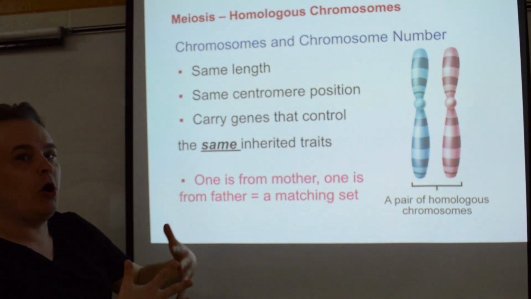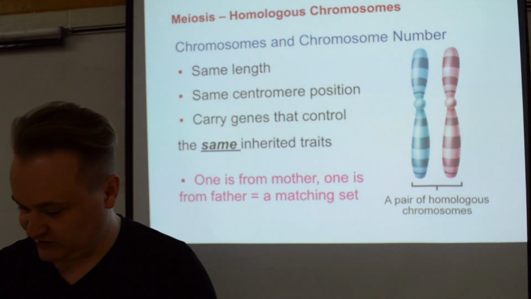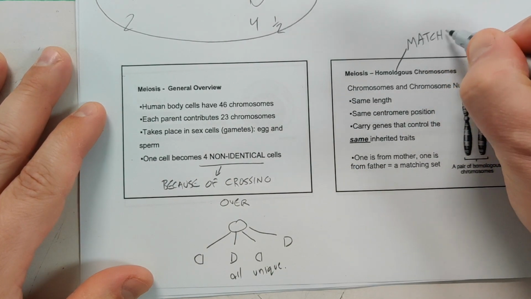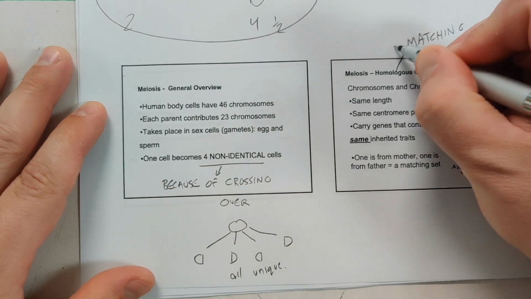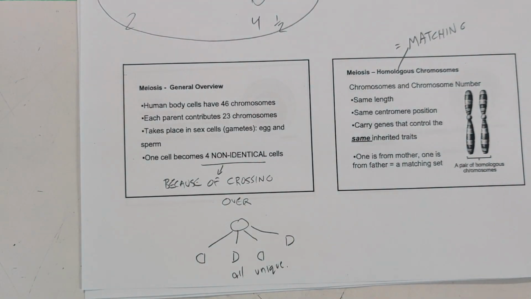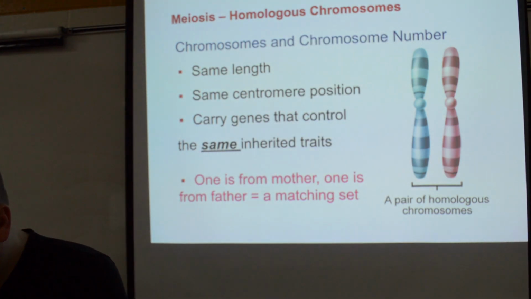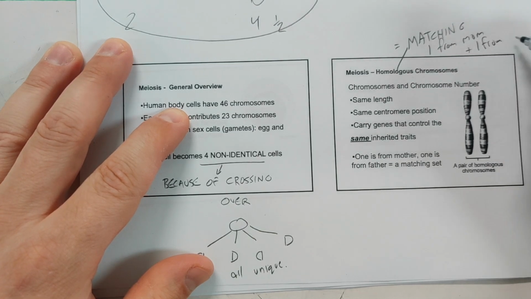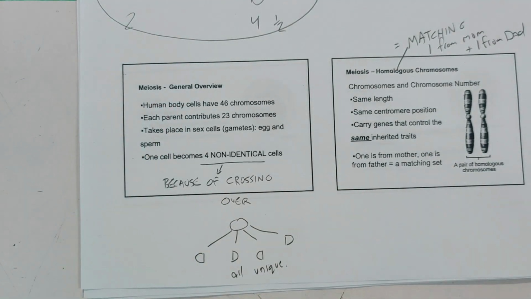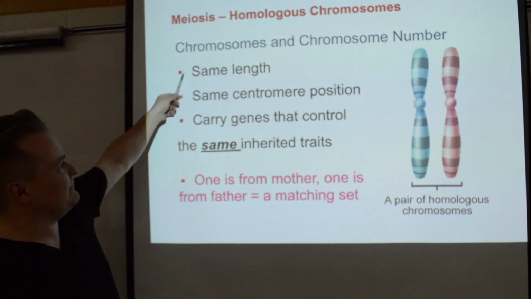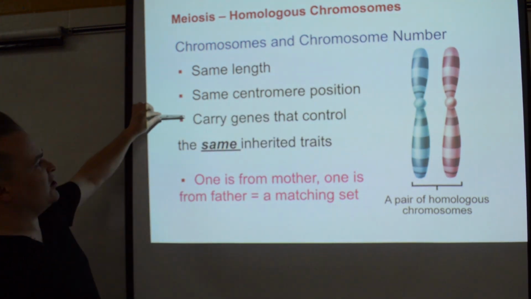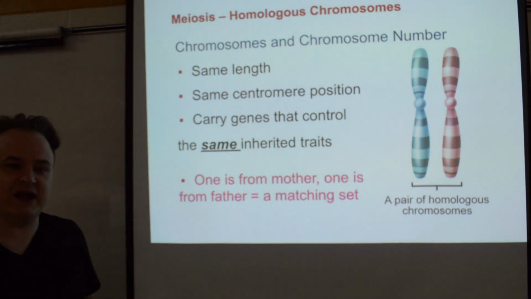And matching homologous chromosomes, so what I would do is I would say matching equals matching chromosomes, one from mom and one from your dad, right? Those matches are going to be the same length, the same centromere position, and they're going to carry genes that control the same traits.